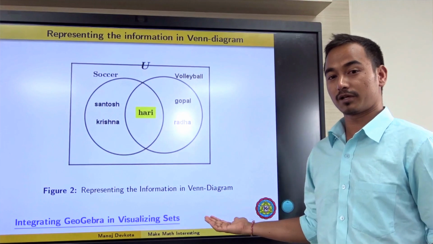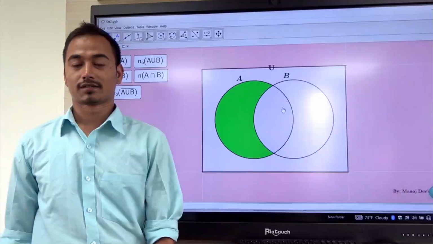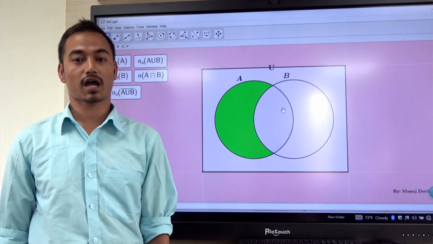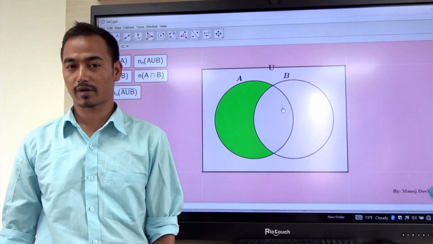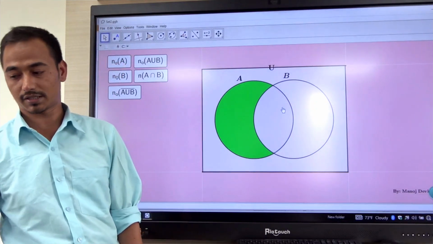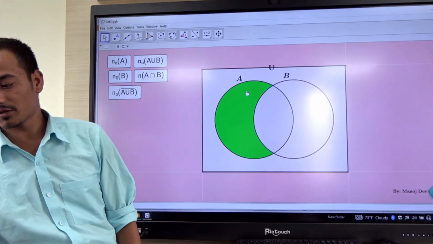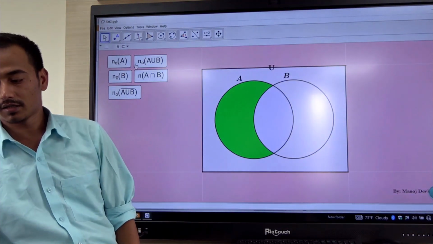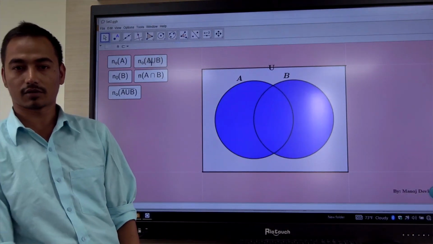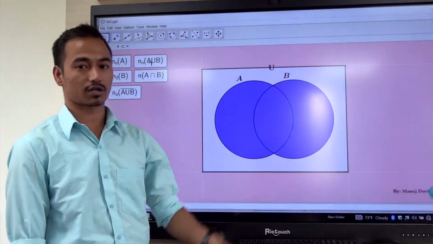How can it be complete without incorporating GeoGebra or ICT tools? The concepts which we discussed earlier can also be demonstrated using an ICT tool, which is GeoGebra in my case. So let's dive into the demonstration of two sets, A and B. If I am interested in only A, I click here. If I am interested in either A or B or both, I click this, and it gives all the information within the two circles.